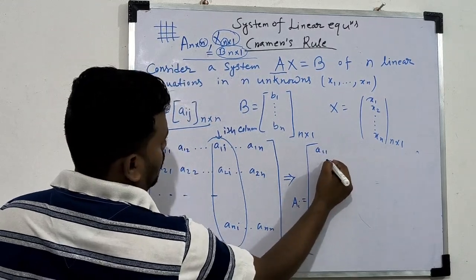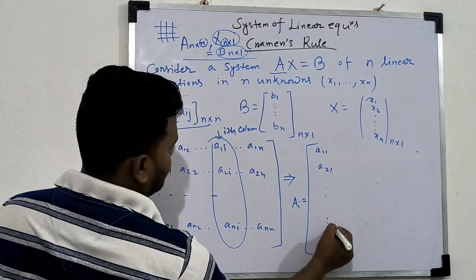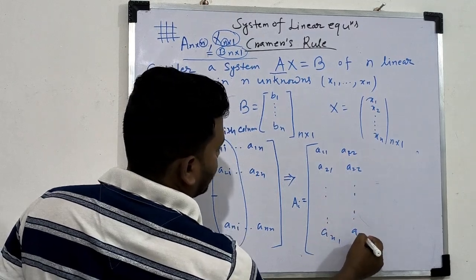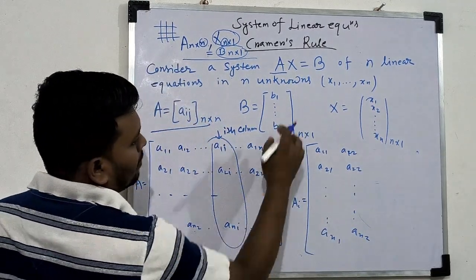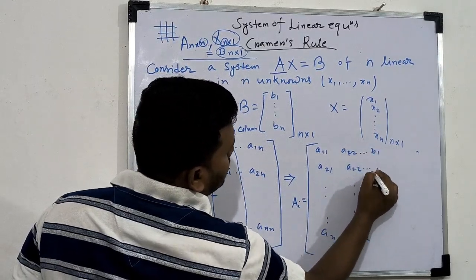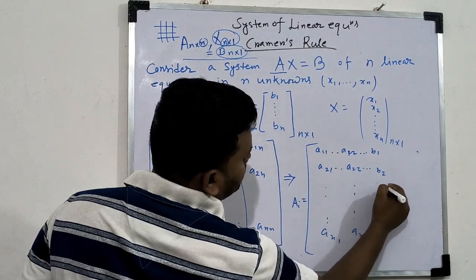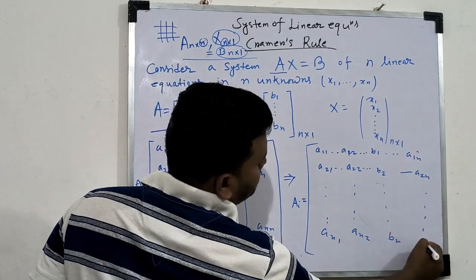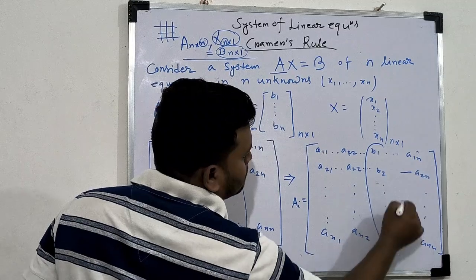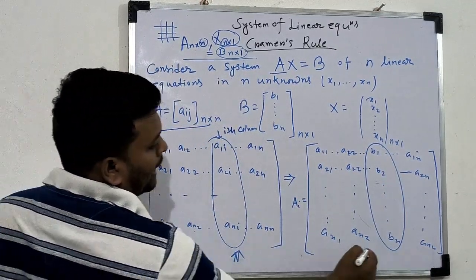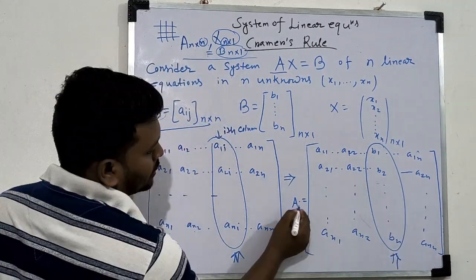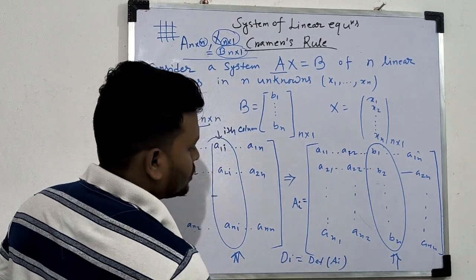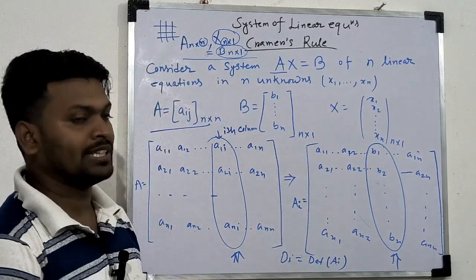The other columns remain the same. So we replace the ith column by the b vector, call it Ai, and define Di as the determinant of Ai. For i equal to 1, we replace the first column. In this way we find Ai.